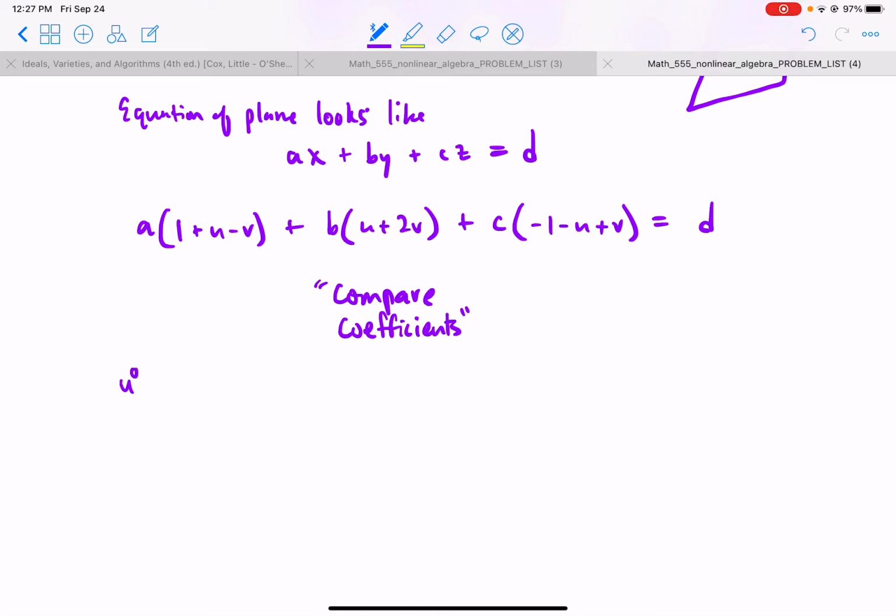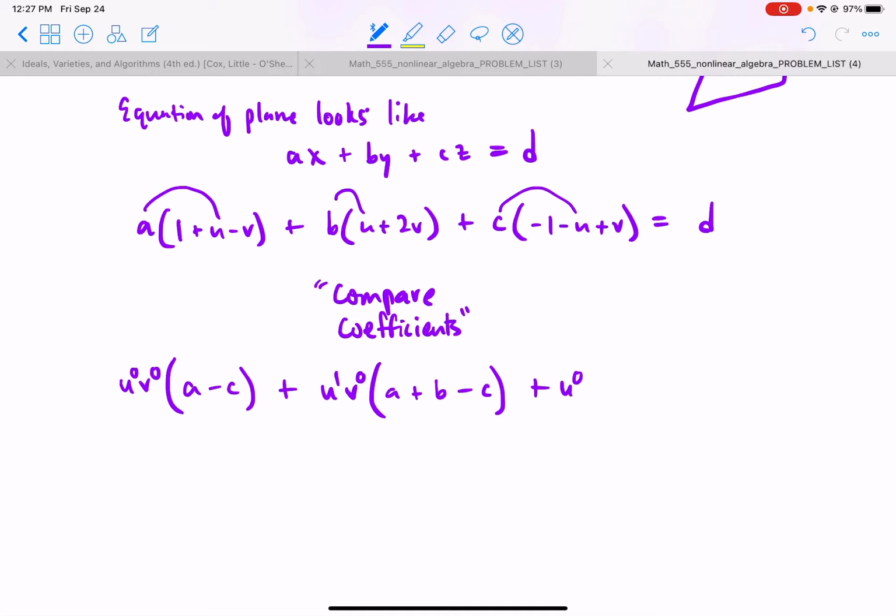So first, I just collect all the constant terms. Well, there's an a, nothing, and a minus c. Now, what are all the terms of this parameter monomial u? Then I have an a, a b, and a minus c.